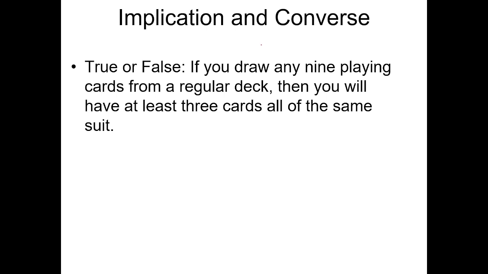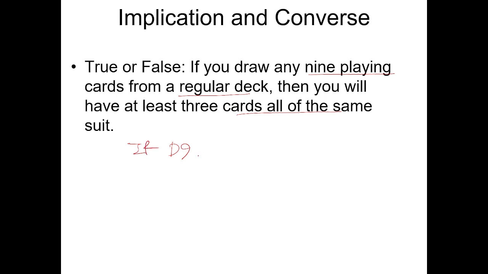So true or false, if you draw any 9 playing cards from a regular deck, you'll have at least 3 cards all of the same suit. Okay, so 9 playing cards from a regular deck. Draw 9. We call this D9.